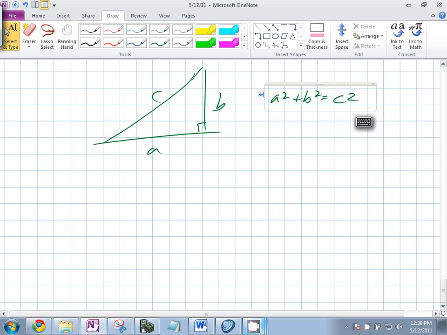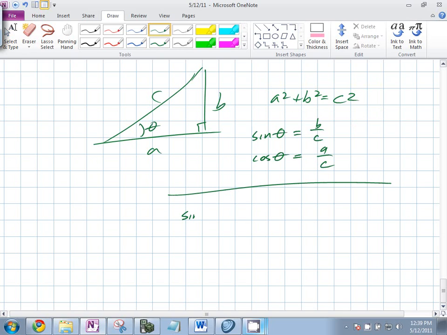If this is theta right here, what's sine of theta? What's cosine of theta? A over c. Let's square them and add them. So sine squared theta plus cosine squared theta is equal to b squared over c squared plus a squared over c squared, right? What does a squared over c squared plus b squared over c squared equal?